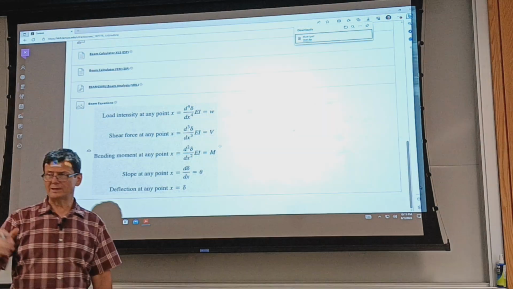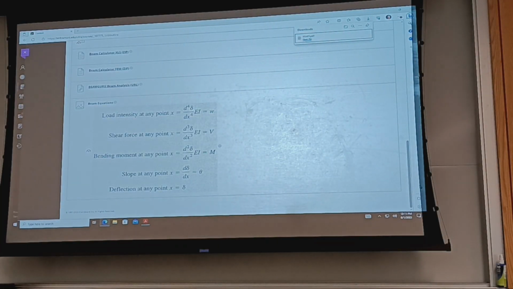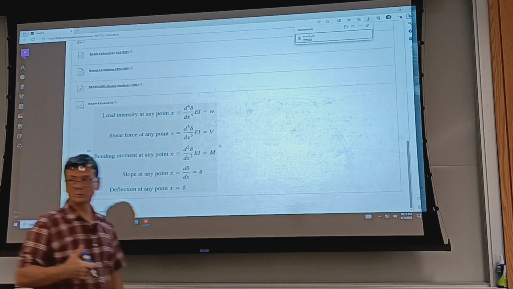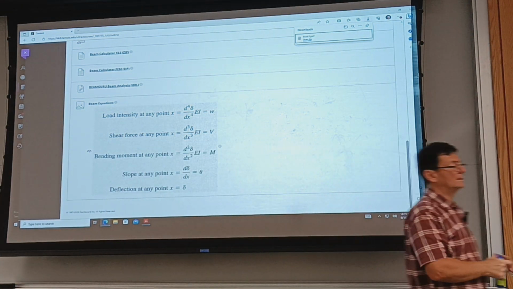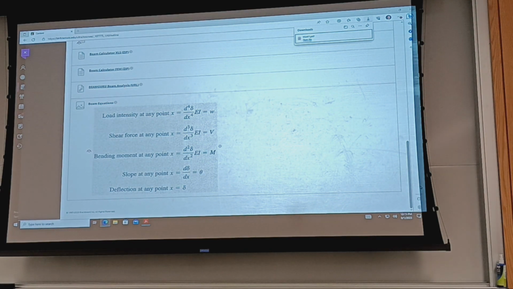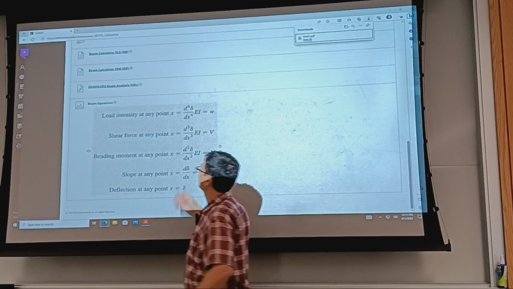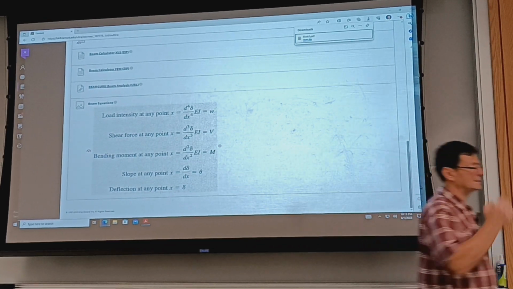Okay, and we use the area method. We apply this constantly, the area method. We also know that dV over dx is the distributed load. We applied that a few times also. Okay, so these are the main equations. It's the Euler-Bernoulli model of a beam for long, slender beams.